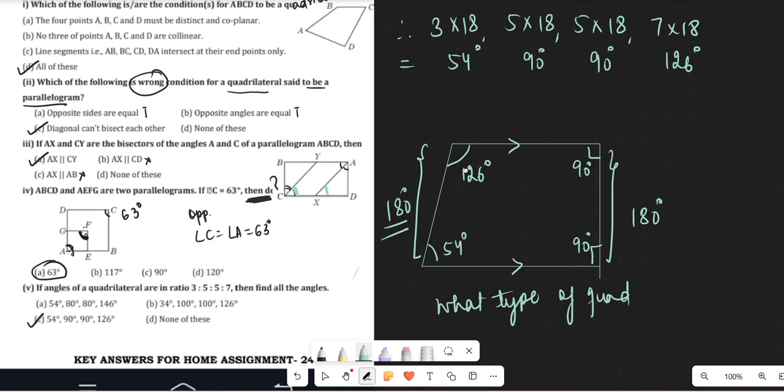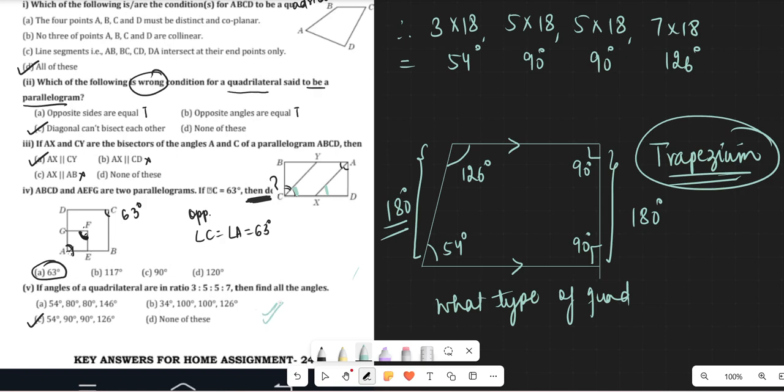So based on these two angle sums, which are 180 degrees in both cases, I can say the given quadrilateral is a trapezium. So another question which can be added to this would be that if the ratio of angles is given as 3 is to 5 is to 5 is to 7, find the type of quadrilateral. The type of quadrilateral in this case would be a trapezium.